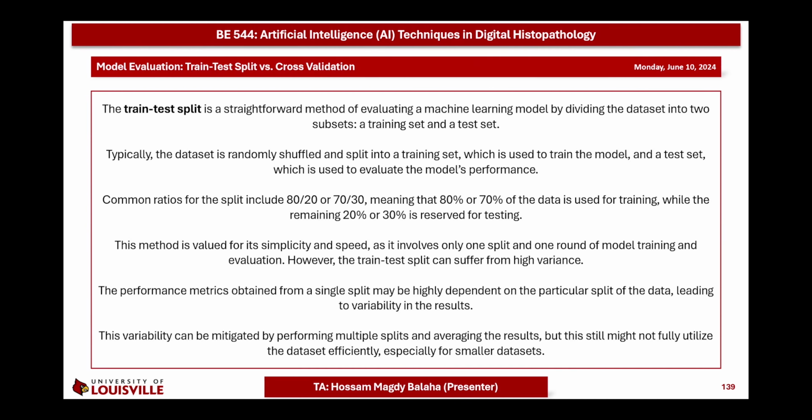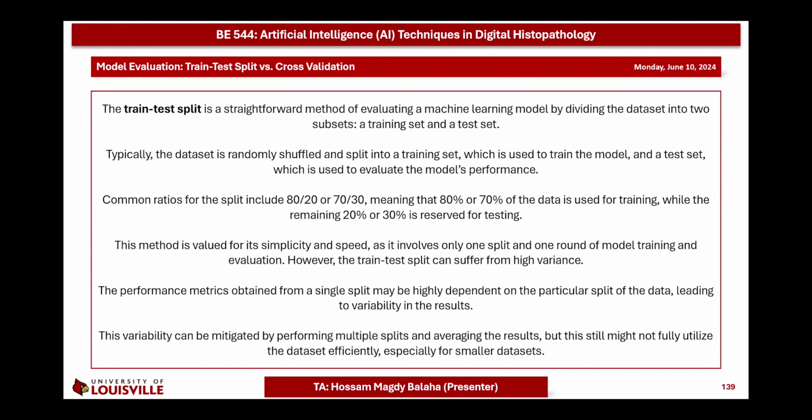The train test split is a straightforward method to evaluate a model by splitting the dataset into two subsets, a training set and a testing set. The training set will be used in the training process, and the testing subset will be used to evaluate the model's performance and generalization.